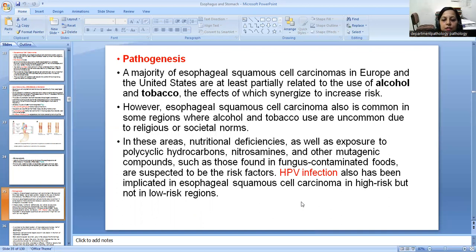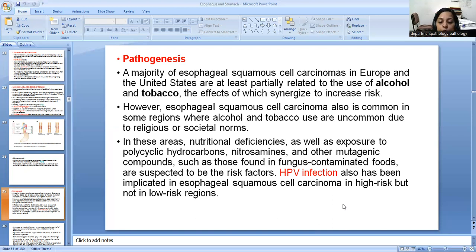However, esophageal squamous cell carcinoma also is common in some regions where tobacco and alcohol are uncommon due to religious or societal norms. In these areas, other factors are important rather than alcohol or tobacco, which are nutritional deficiency, exposure to polycyclic hydrocarbons, nitrosamines, and other mutagenic compounds like those found in fungus-contaminated food, and are suspected to be risk factors.